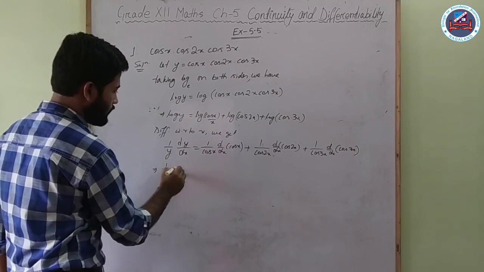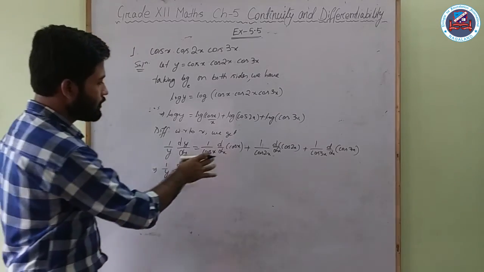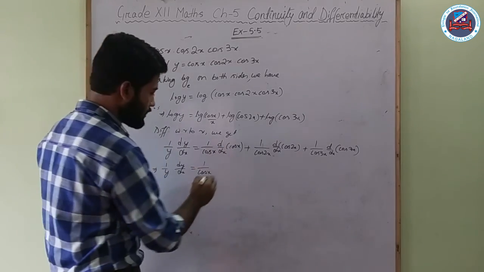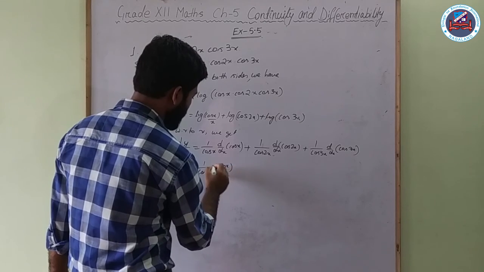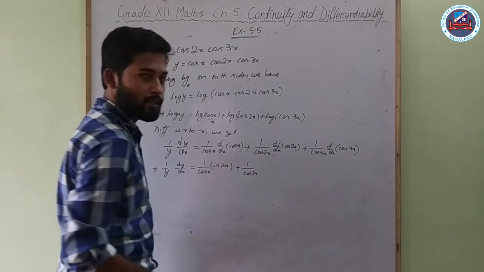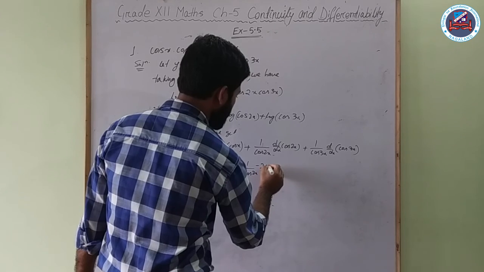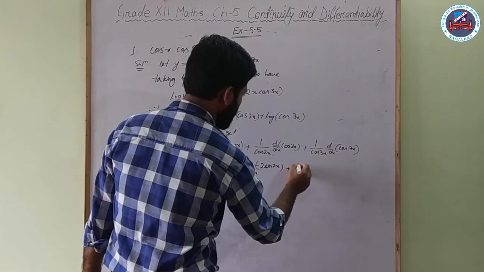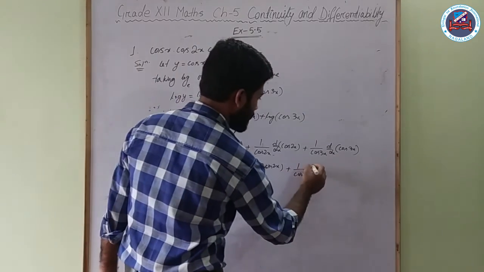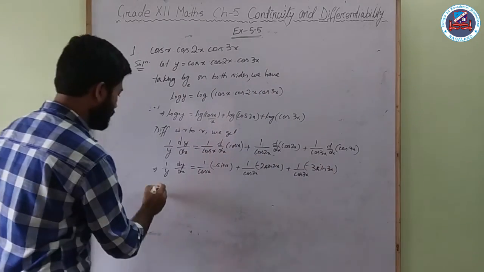This implies 1 by y dy by dx is equal to 1 by cos x, and d/dx of cos x is minus sin x, plus 1 by cos twice x. Again d/dx of cos twice x is minus 2 sin twice x, and d/dx of cos thrice x will be minus 3 sin thrice x. Fine.